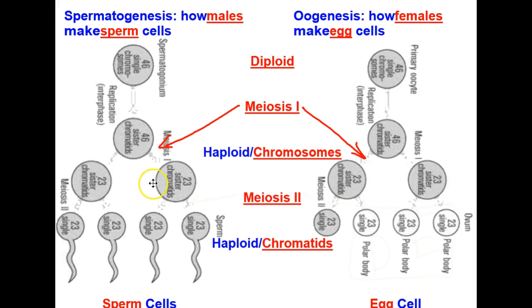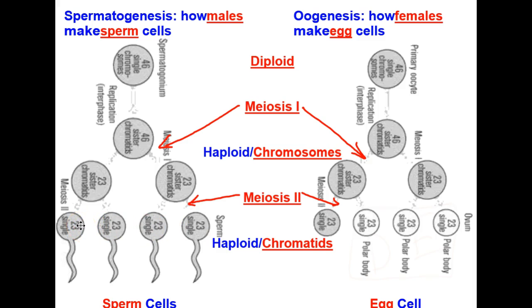And remember, these are tetrads here that have divided into single chromosomes for these 2, and these 2. Then those 2 cells each undergo meiosis II at this point right here, and you end up with 4 sperm cells with 23 single haploid chromatids in each.